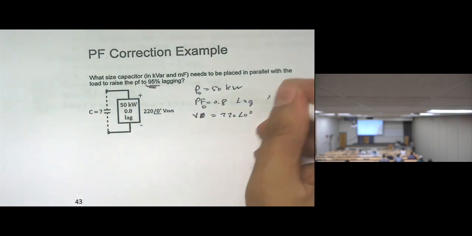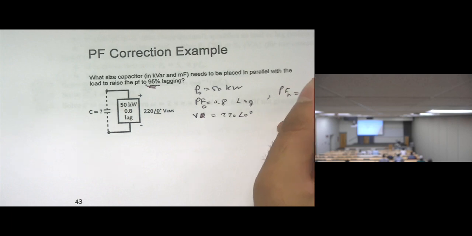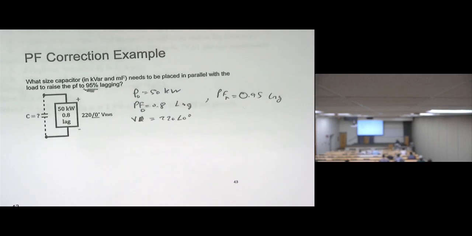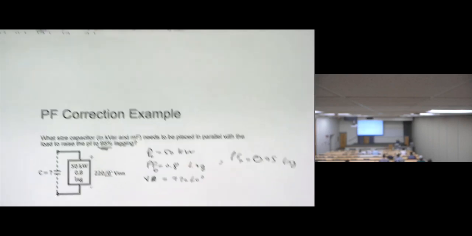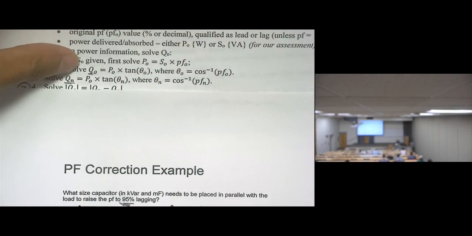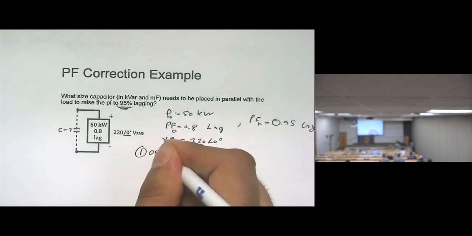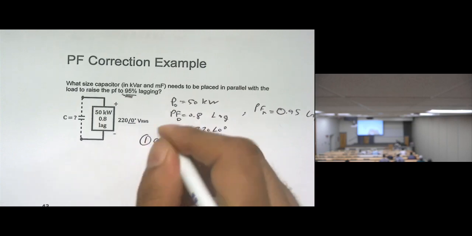And the power factor that I need is 95%, 0.95, and of course lagging. So what should I do? Let's go to the procedure. Number 1, find the Q_O for the original case.